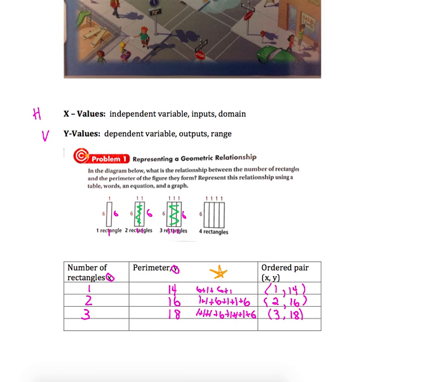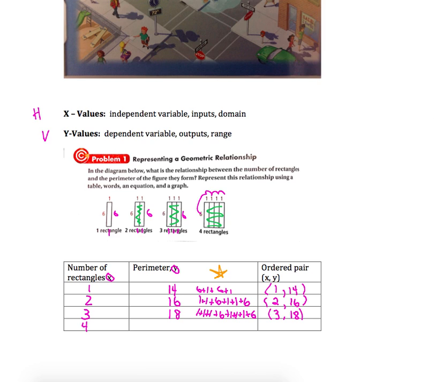So if we look at the last pattern, for 4 rectangles, we're going to have 1 plus 1 plus 1 plus 1, 1 plus 1 plus 1 plus 1 plus 6, and then around the bottom, the same thing. So each time we're adding 1 for the top and 1 for the bottom. And again, we're ignoring all this stuff on the inside because that's not the perimeter.